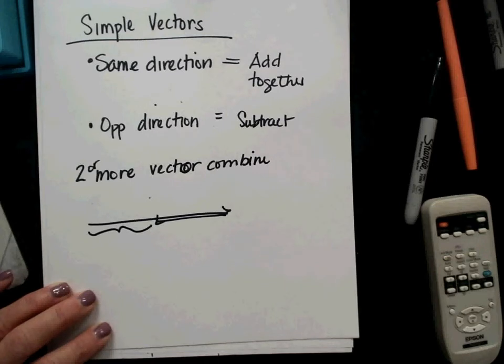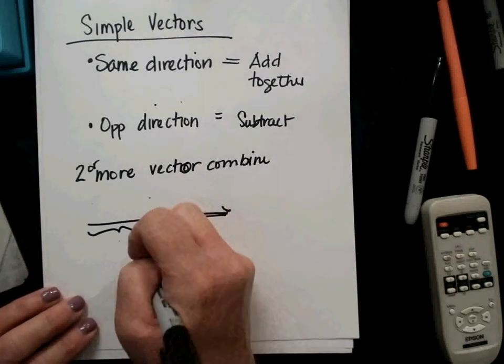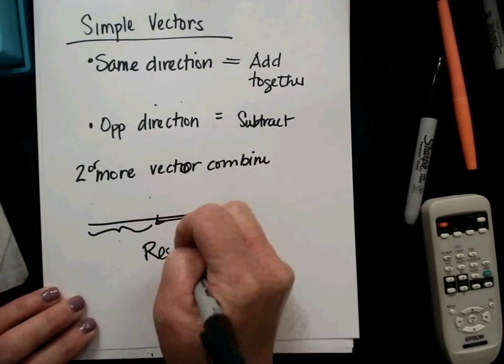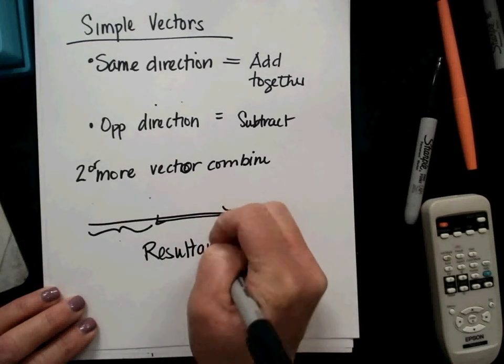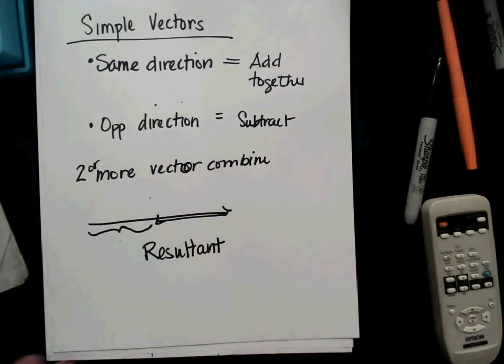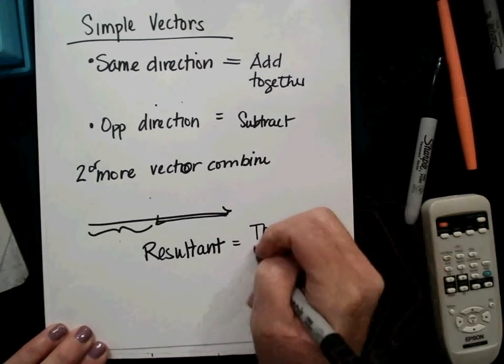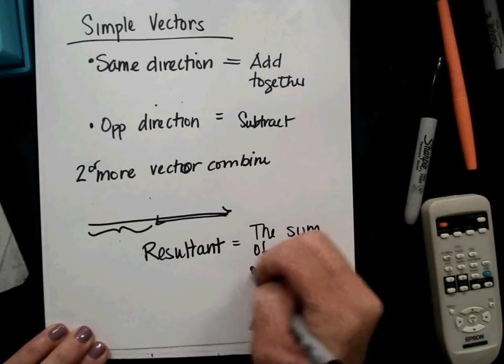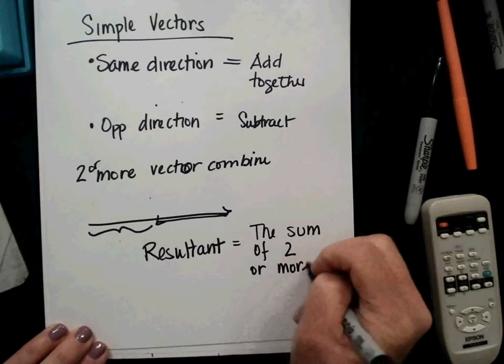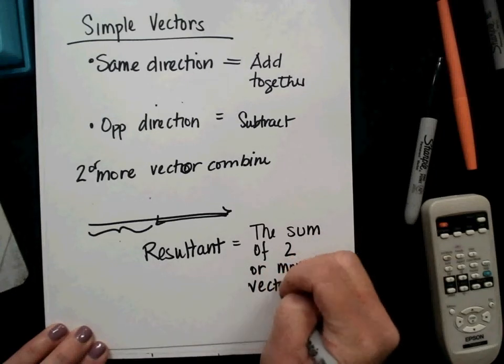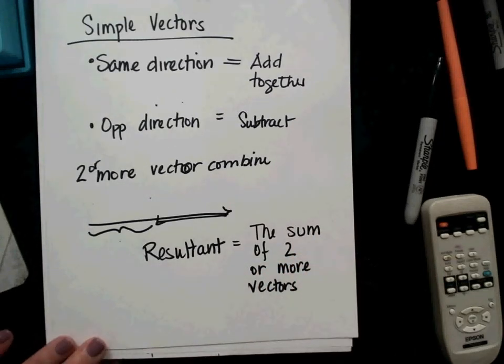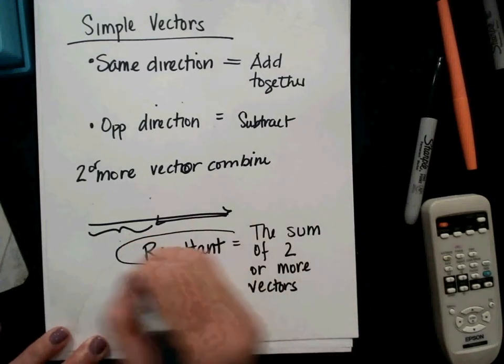The resultant. So the resultant is what we're talking about, and we just call that the sum of 2 or more vectors. We've had that word before.